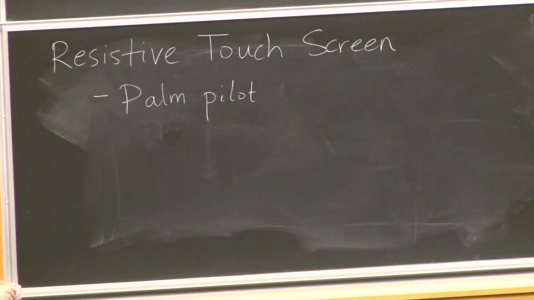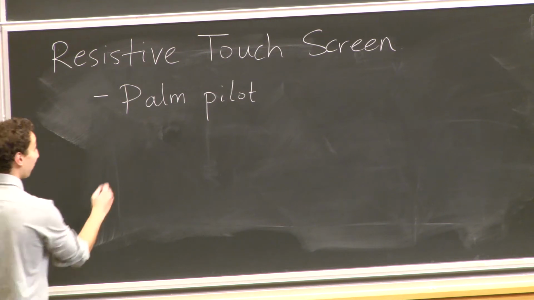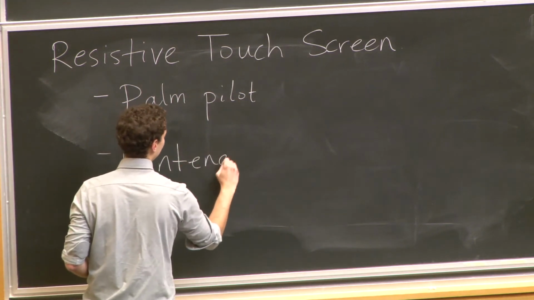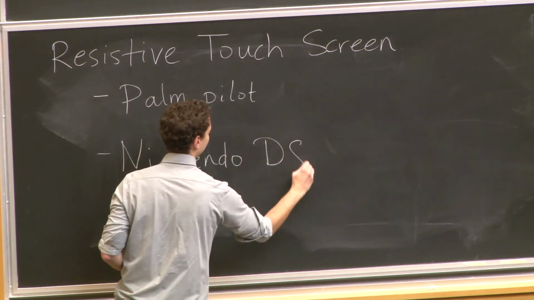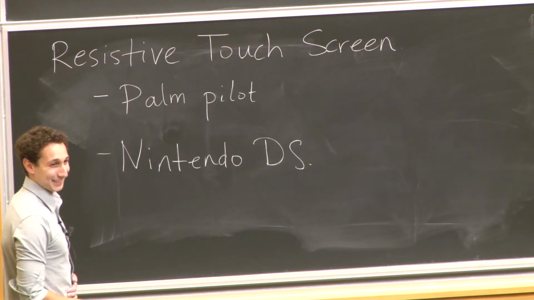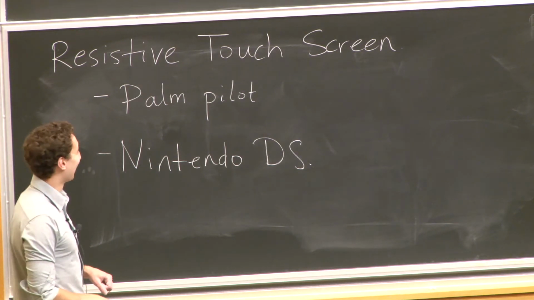Probably never heard of it. That's okay. Another one that you definitely have heard of is the Nintendo DS. That has a resistive touchscreen and a stylus. At least the old version did. What's a Nintendo DS? Yeah, it's a handheld gaming console. I hoped you guys had heard of that, but I guess not.